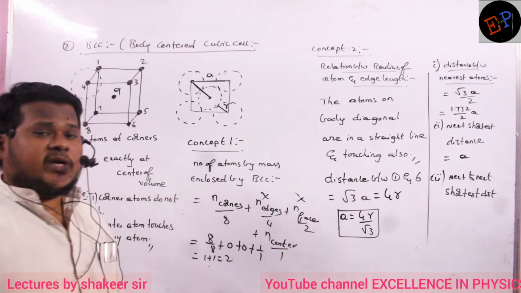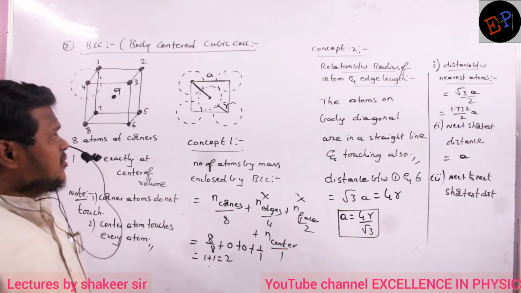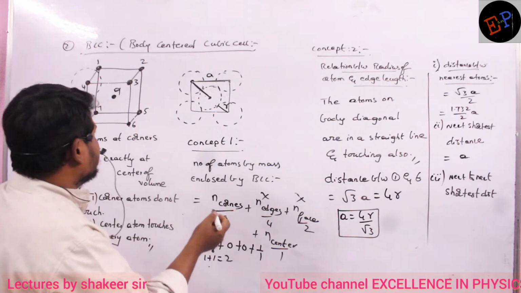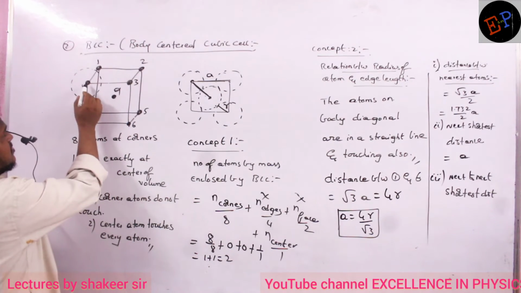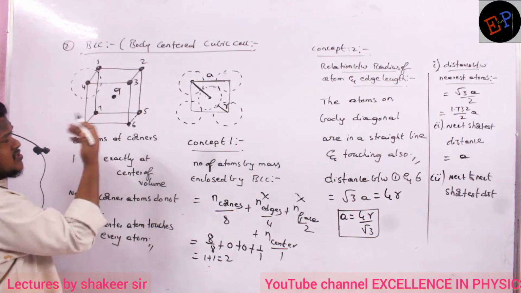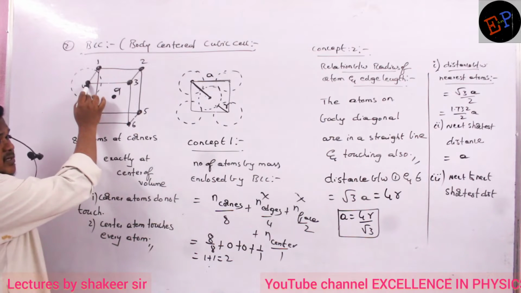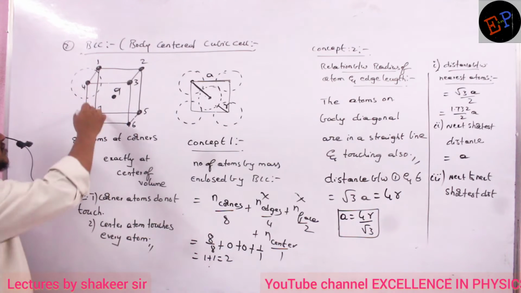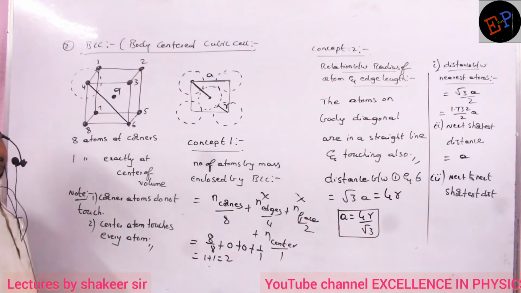Clear? See, if this is the next shortest distance, then we have the face diagonal, no? See, the fourth point is present outside the board. The sixth point is also present outside the board, no? So this is the next shortest distance.